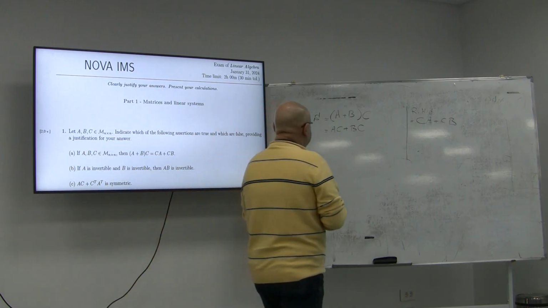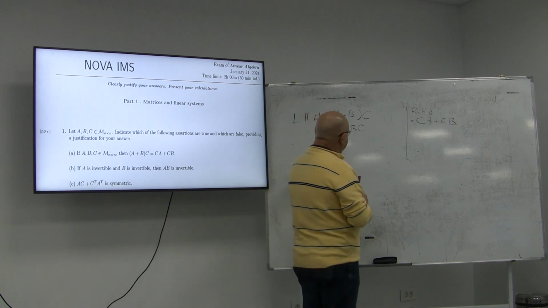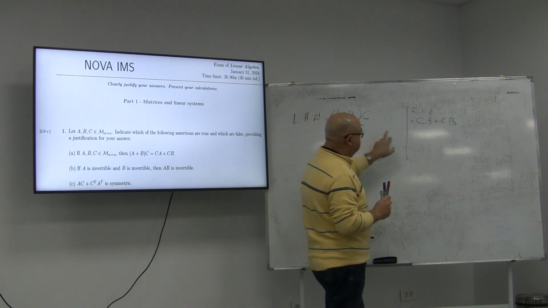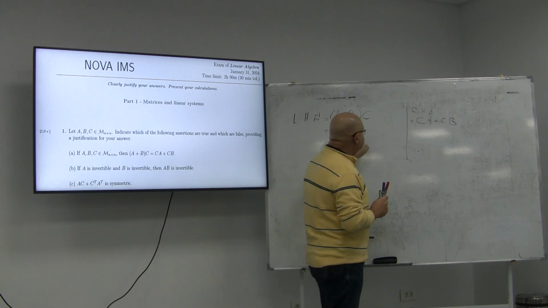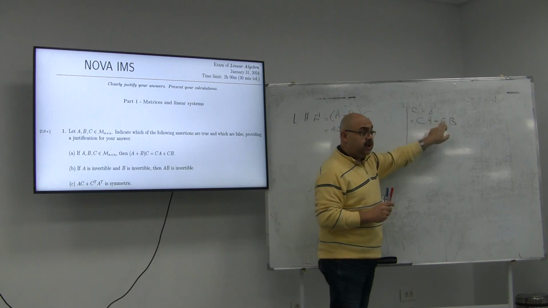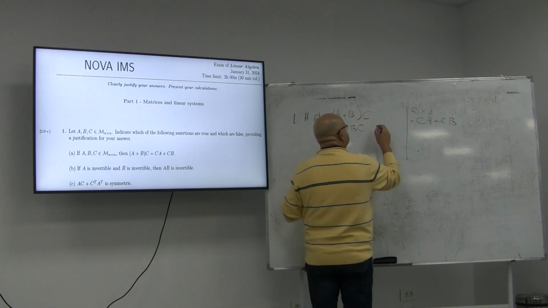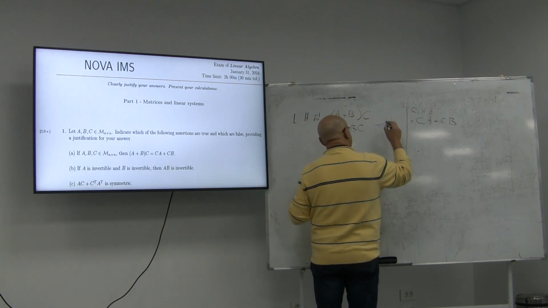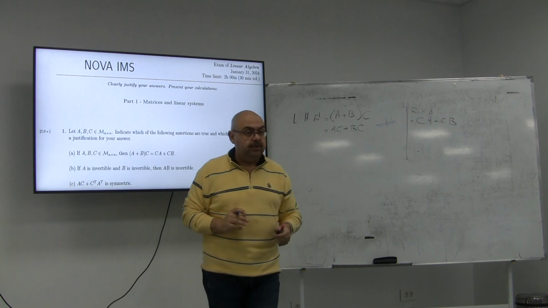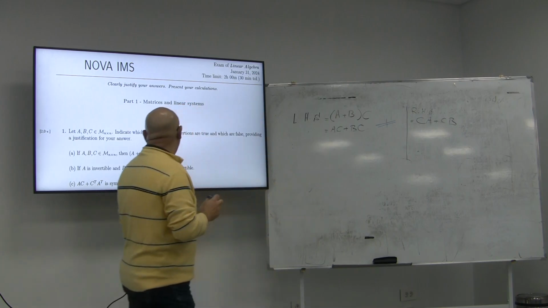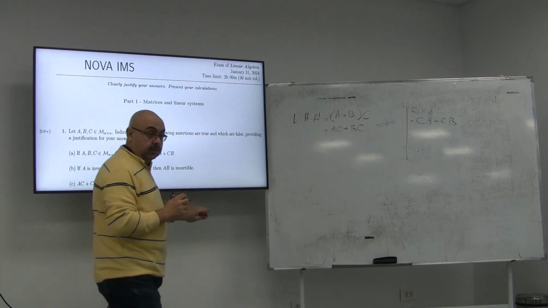So you have A times C, which is not equal to C times A, and B times C, which is not equal to C times B. So these two expressions are not equal to each other. The left-hand side is not equal to the right-hand side. So the first statement is false.